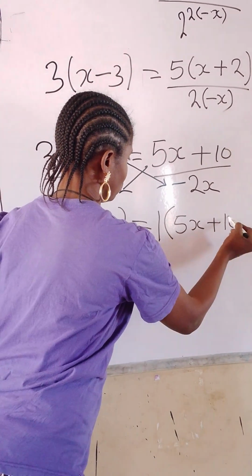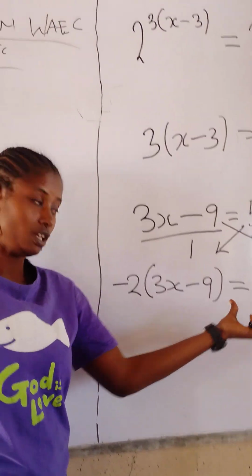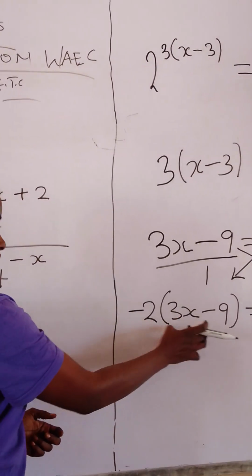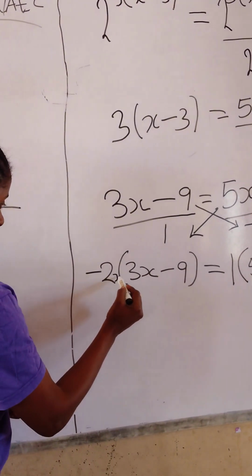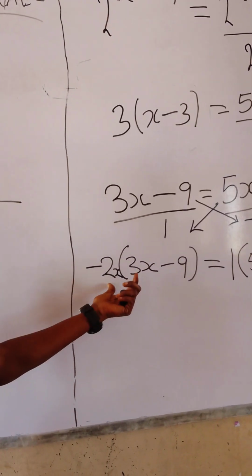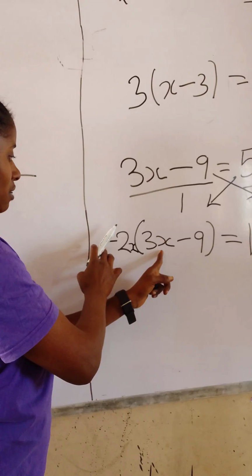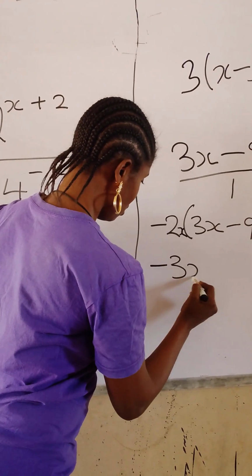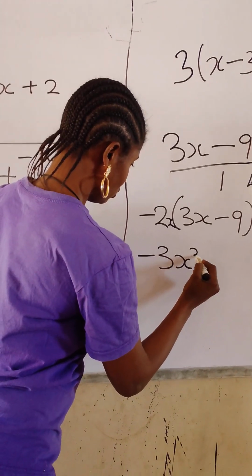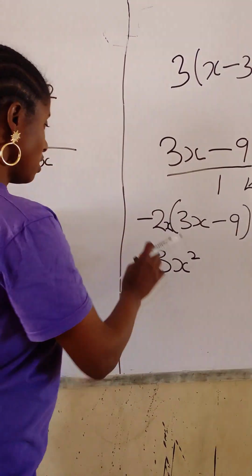Now you make your equation a linear equation by multiplying everything here by minus 2x. Minus 2x times 3x is going to give us minus 3x squared, because x times x is x squared.